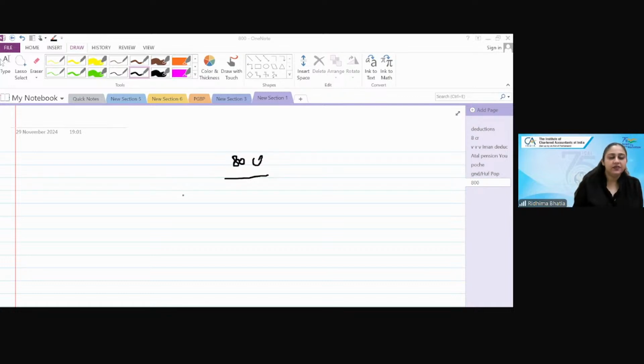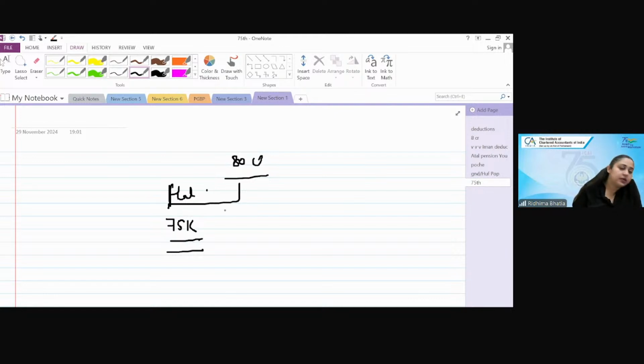If the assessee himself is handicapped or disabled, he or she, irrespective of any income they have, is given a flat deduction of 75,000. That means 75,000 of their income is allowed as deductible under 80U.